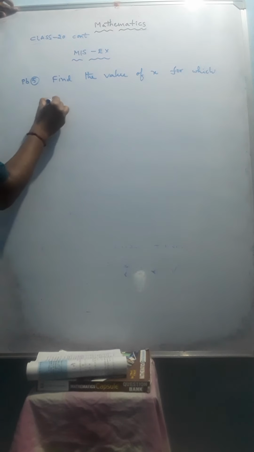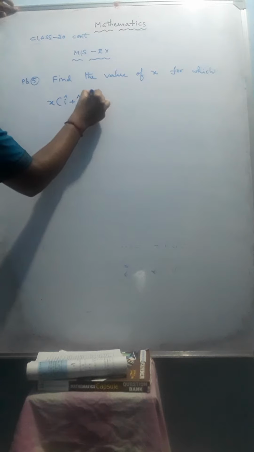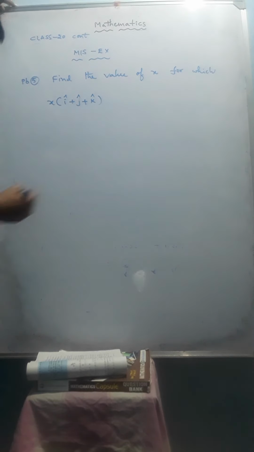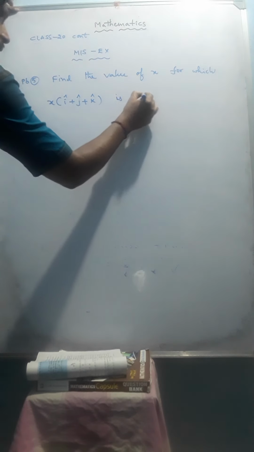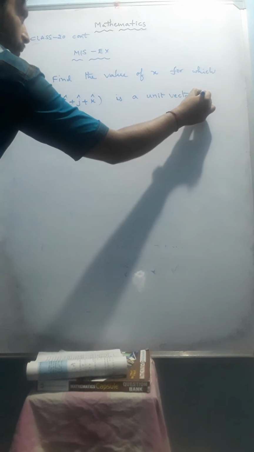Find the value of x for which x into i cap plus j cap plus k cap is a unit vector. You have to find the x value, that is the problem.